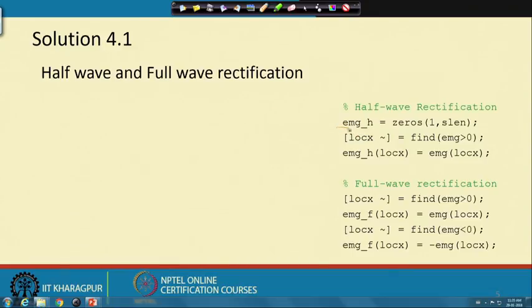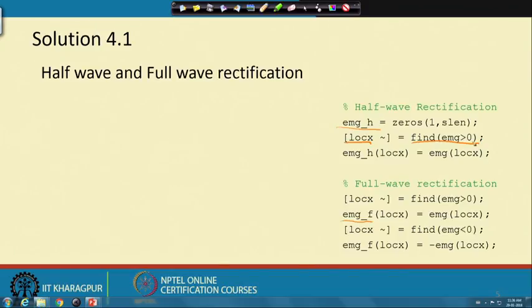We are assigning the variable EMG_h for half wave rectification and EMG_f for full wave rectification, with the same length as the EMG signal, and we are finding the locations where it is above 0. That gives us the half wave rectification.